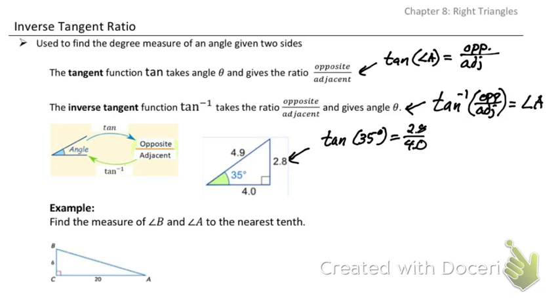In your calculator, type in 2.8 divided by 4. What do you come up with? About 0.7, right? Now type in tangent of 35 degrees. It won't be the exact, but it'll be pretty close. Comes about 0.7, right?